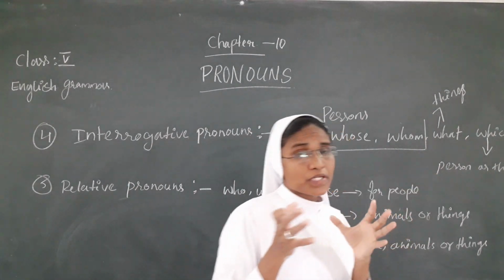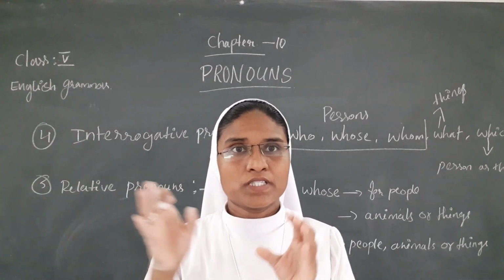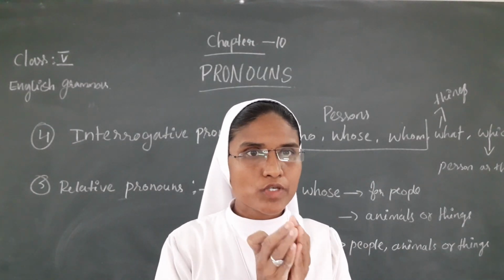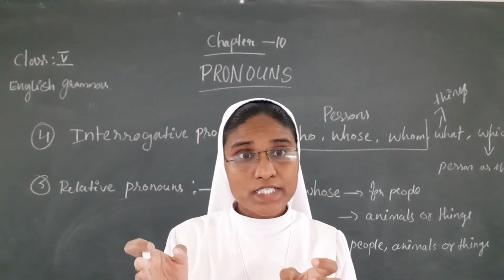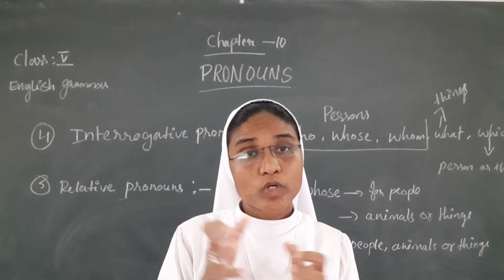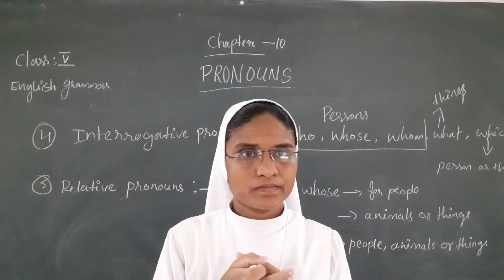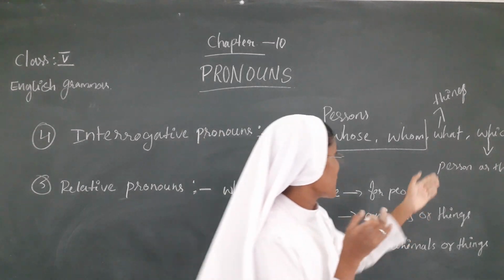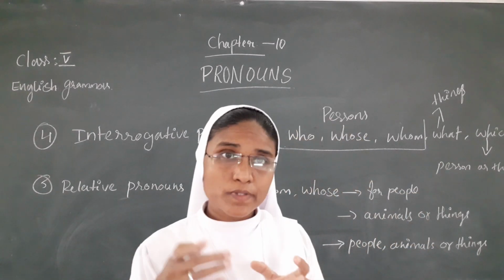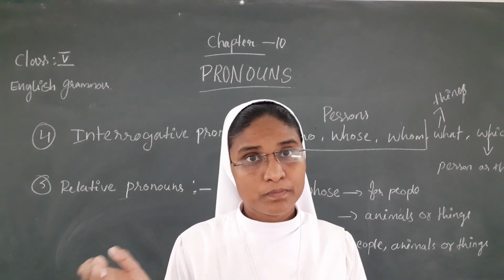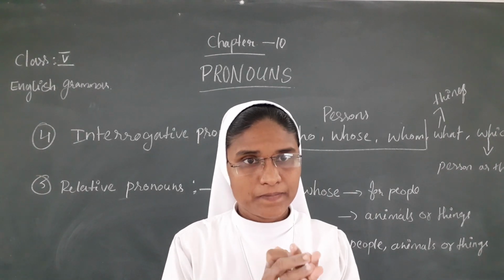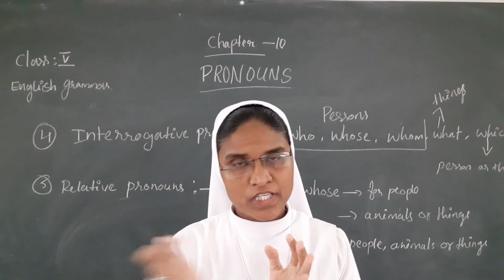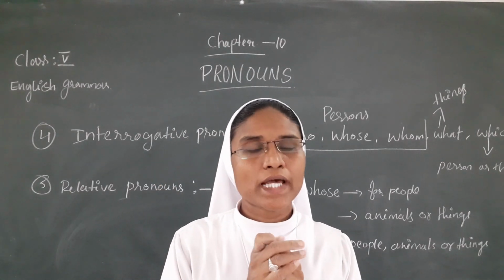Then what, we use: what is this? Things we use more properly. What are you eating? So we use what more for things. Then which, we use for persons and things, but particularly. Which person do you like?